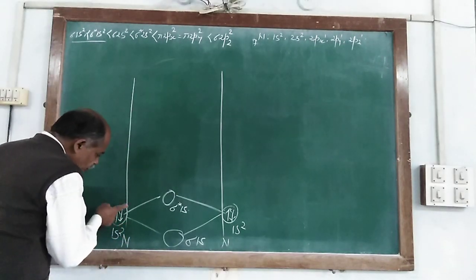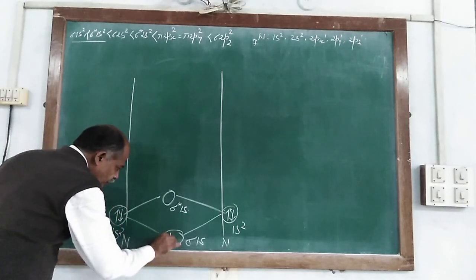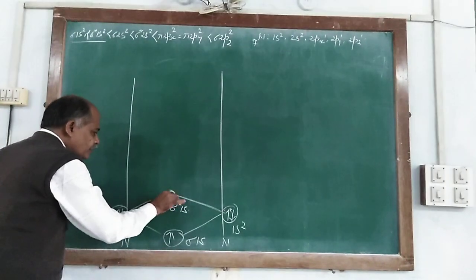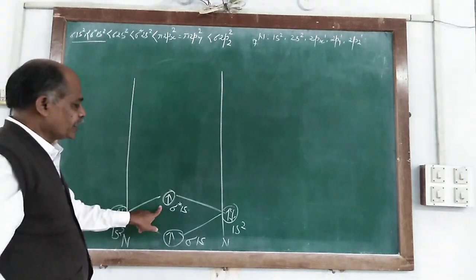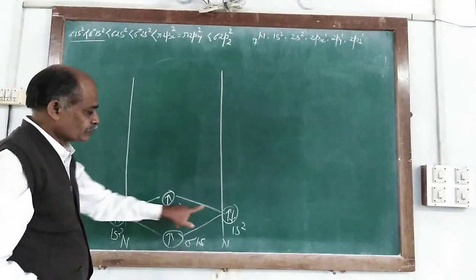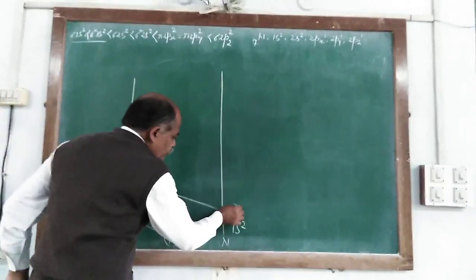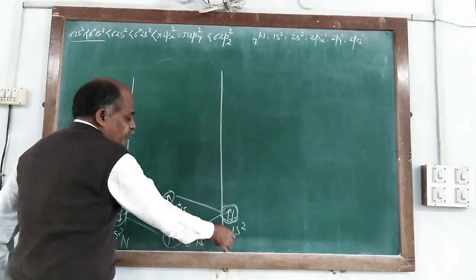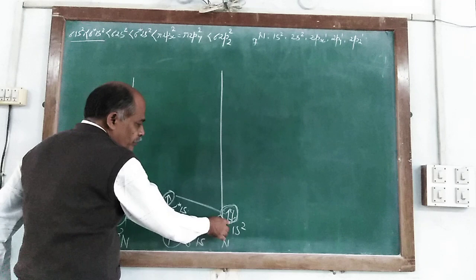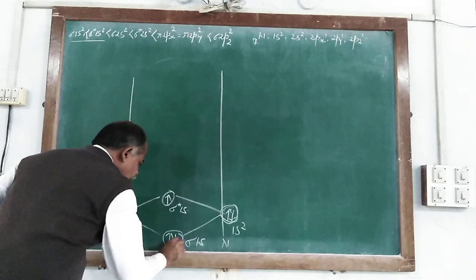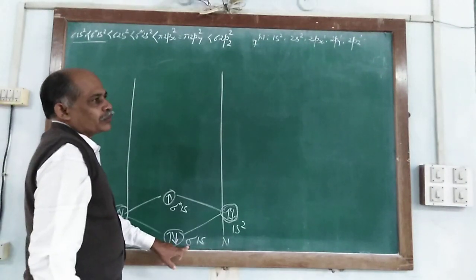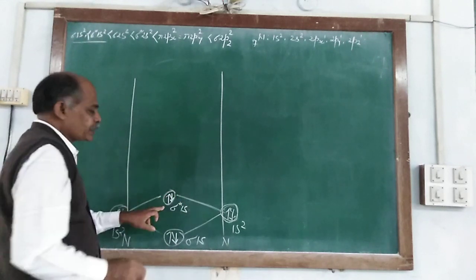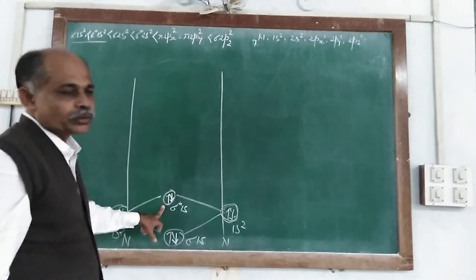From this atomic orbital, 1 electron is accommodated in the bonding molecular orbital and 1 electron in the anti-bonding molecular orbital. Similarly, from the other nitrogen atom, from the 1s orbital, 1 electron is accommodated in the bonding molecular orbital and another in the anti-bonding molecular orbital.